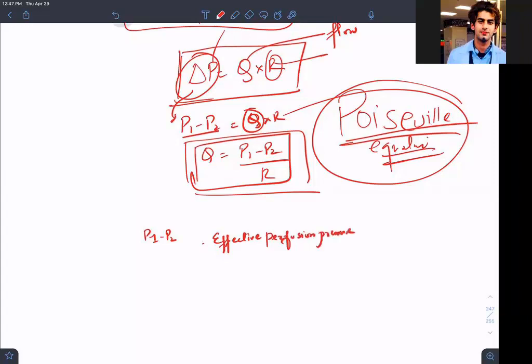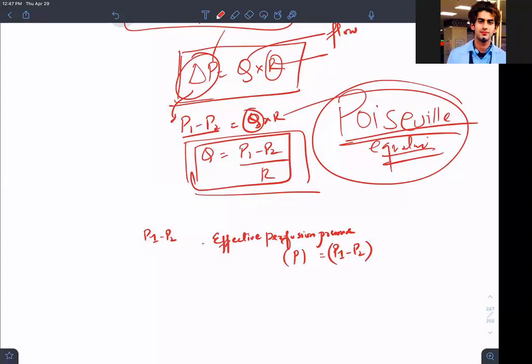If I tell you effective perfusion pressure, P is equal to P1 minus P2. This is the effective perfusion pressure. Now, if I take the values, see how they calculated it.